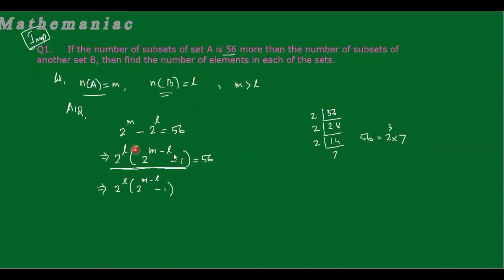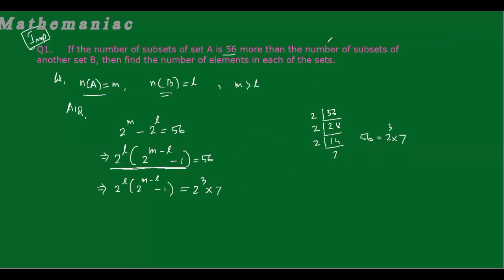Now what I'll do, this 56 I'll try to put in this form and I'll do the comparison to find m and n. So to put it in this form, we have done the factorization of 56, which is coming out as 2 to the power 3 into 7. So this I am going to write now, right? So this will be equal to 2 cube into 7.